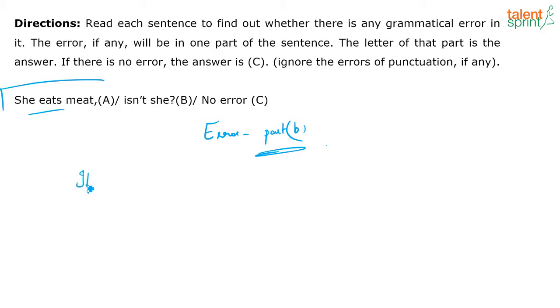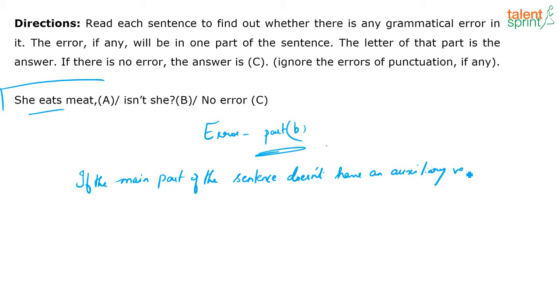So let's put down the rule. If the main part of the sentence doesn't have an auxiliary verb, the question tag uses an appropriate form of do, whether did or does accordingly.